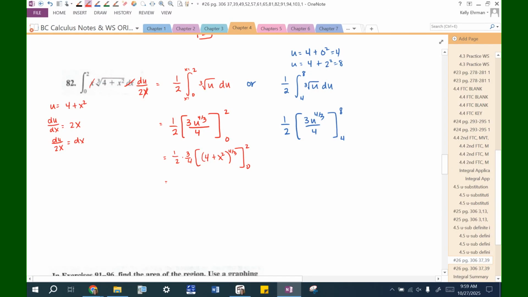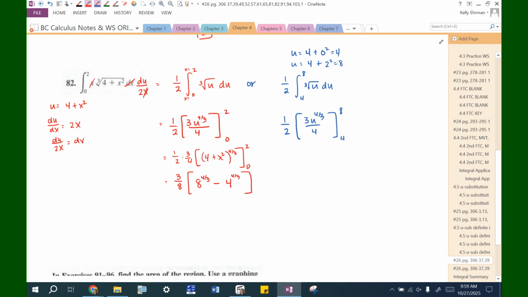That's just because otherwise you'd have 3/4 when you plug in 2 minus 3/4 when you plug in 0, and you're going to get the same thing. Okay, so anyway, this is 3/8 on the outside. And then when I plug in 2, I get 4 plus 2 squared. So I get 8 to the 4/3 minus, when you plug in 0, you get 4 to the 4/3.